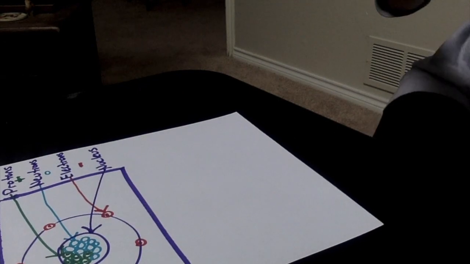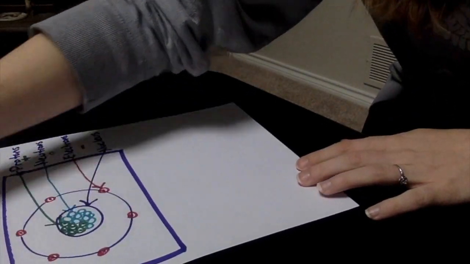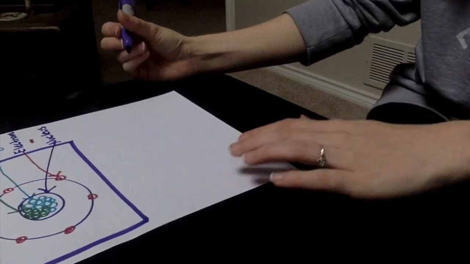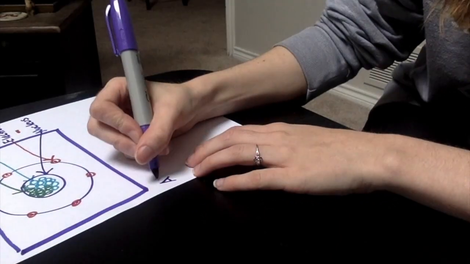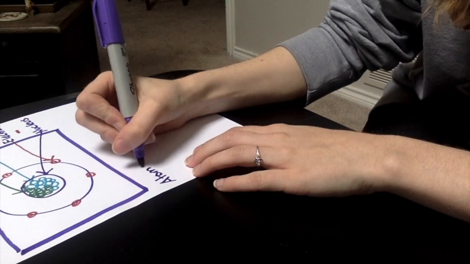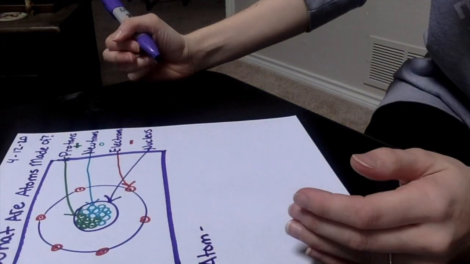On the bottom, I'm going to write the definitions of some words. And we talked about all of these definitions today, but I'll write them here for you so you can remember. The first word is atom. What is an atom?